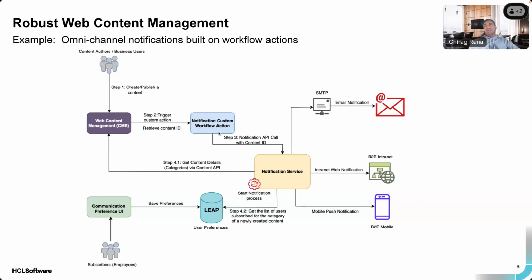Now, this workflow action in turn calls the notification service, and the notification service gets the content details from the content management system, as you can see here, step 4.1, and at the same time, it also gets the list of users subscribed for the category of the newly created content. So in this case, Todd was subscribed for the category sales, and Sarah created the content in the sales channel.